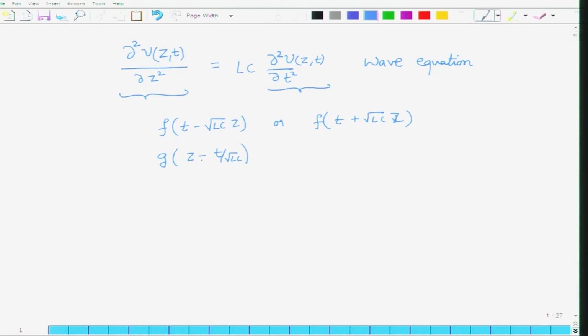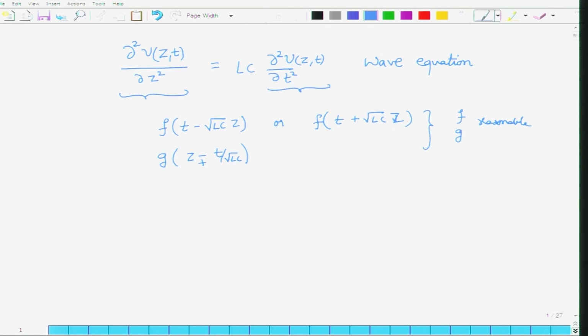It will also admit the solution of the form g of Z plus t by square root LC. You can actually substitute these functions into the equation. We only demand that these functions f and g be mathematically and physically reasonable, that they do not have infinities anywhere, or are not physically unrealizable. These functions are assumed to be physically well behaved and mathematically well behaved.